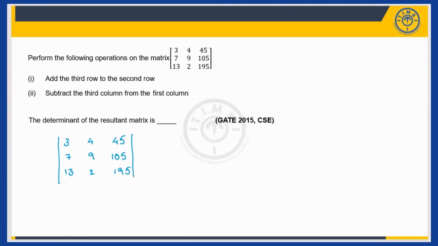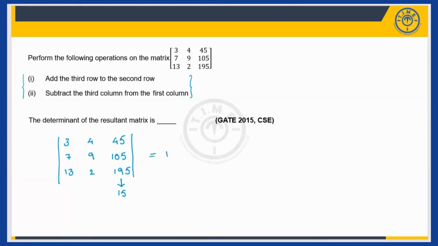Now, if you remember, the determinant of a matrix does not change even after applying elementary operations, right? So even though how many operations are applied, the determinant doesn't change. Now from the third column, we can take 15 common.